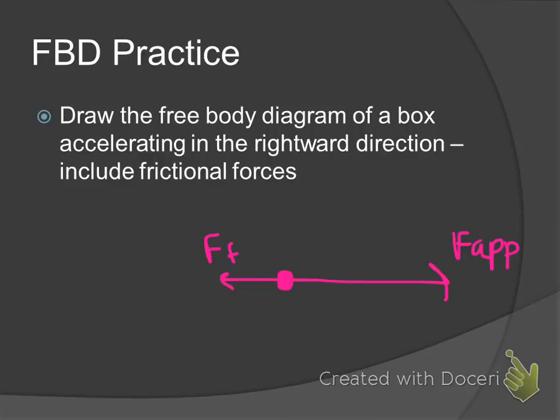Does our object have any vertical forces? Yeah, it still does. Gravity always acts, so we're going to say F sub g here. And is this box floating in the air and we're pushing it? Probably not. It's probably resting on a surface, even though it doesn't say that explicitly. So we call that the normal force.